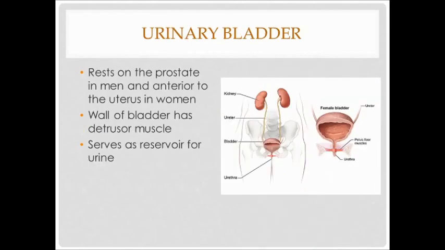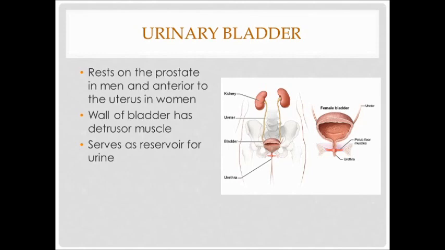The urinary bladder is our next stop. It's going to rest right on the prostate in men, and it's anterior to the uterus in women. So again, in cases of BPH with the prostate, the bladder can be affected negatively. So you might not be able to hold as much urine in the bladder. And it's the same with pregnancy. With the urinary bladder sitting anterior to the uterus, as the uterus expands, it's going to compress that bladder.